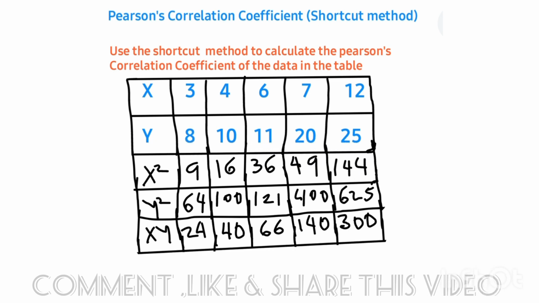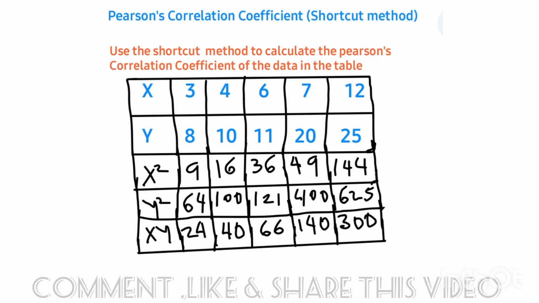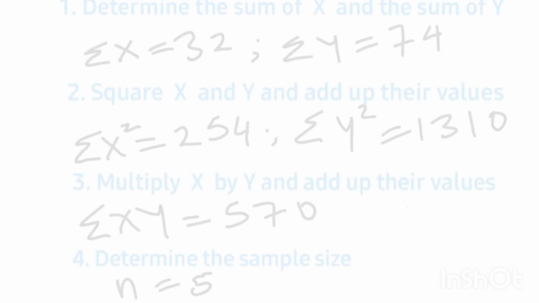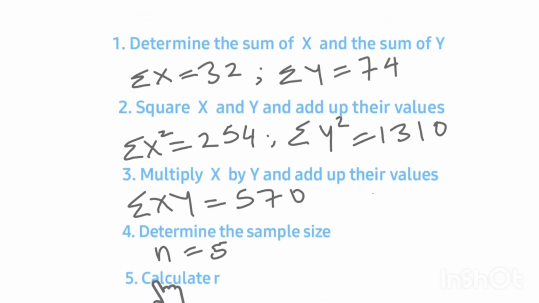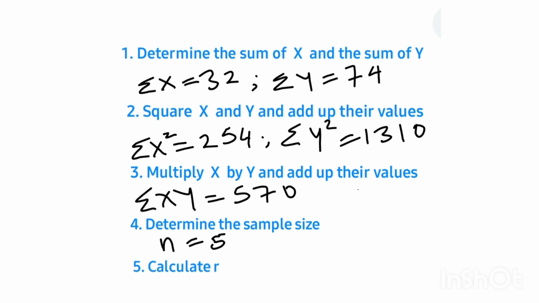And so our n value, or the sample size, is 5. And then we record that n equal 5. And lastly, step 5 says calculate R. R, of course, implies the coefficient of correlation. And remember, the instruction is to use the shortcut method. And now we apply the formula for the shortcut method.